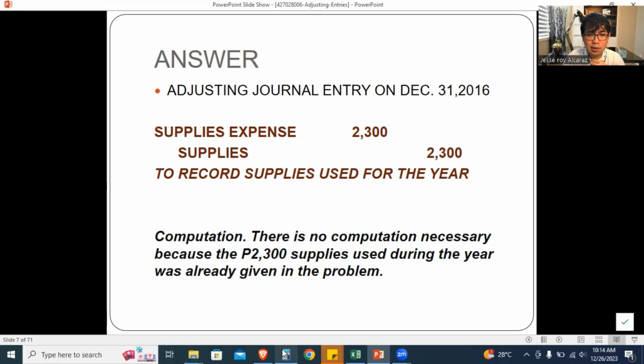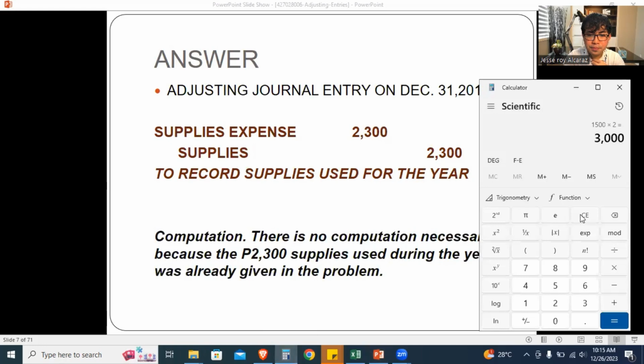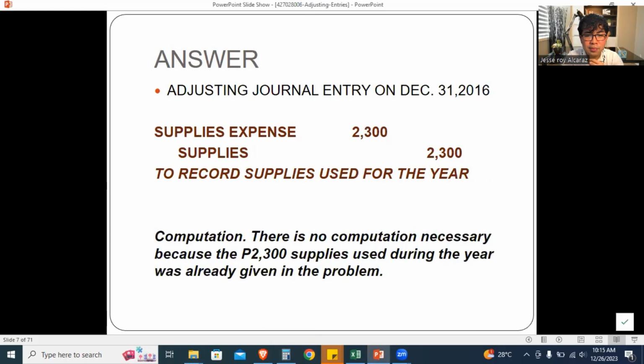Asa gikan ang 1,700? Di ba naa tay 4,000 sa atong libro? Tapos, naa nay 2,300 nga gamit. Therefore, ang nabilin is 1,700. But of course, kaning 1,700, dili na siya mao ang ipangita. Ang ipangita is, ang adjusting entry rather is this one, recording the portion of the supplies nga nagamit. Okay?